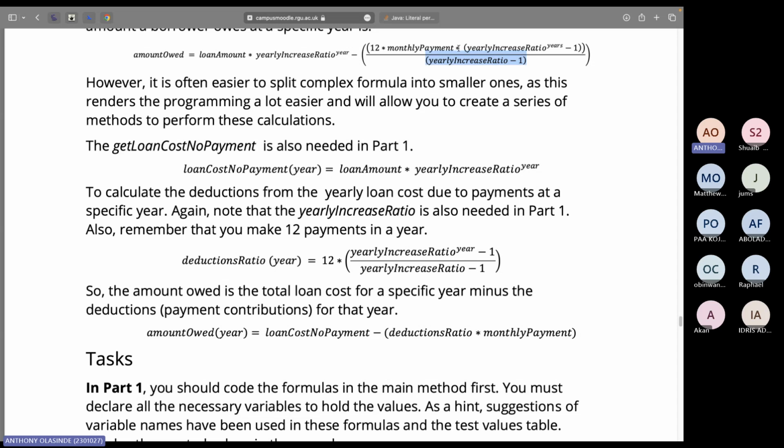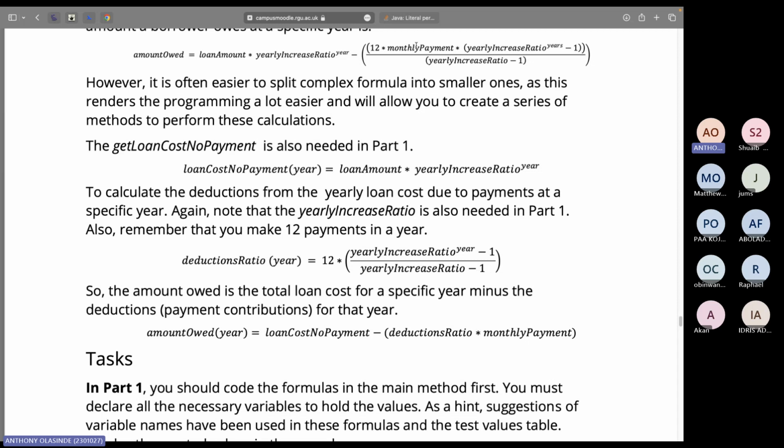Okay, so this multiplied by this over this separately is the same thing as what they've written. So we can also say monthly payment times 12 times this over this is also the same thing. So that's the same thing as 12 times monthly payment times the power of year minus 1 over yearlyIncreaseRatio minus 1.